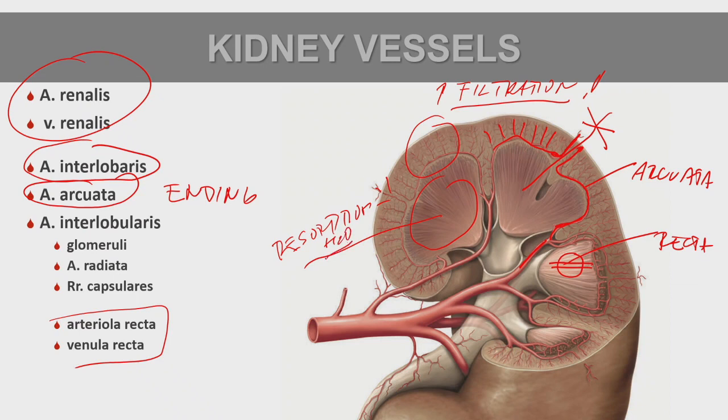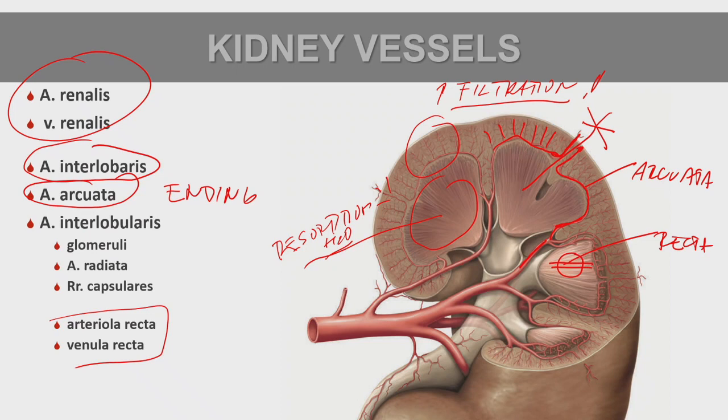So this is a different function of those kidney vessels. So in the territory of arteriola recta, there is no glomerulus. Glomeruli are in the territory of arcuate arteries.